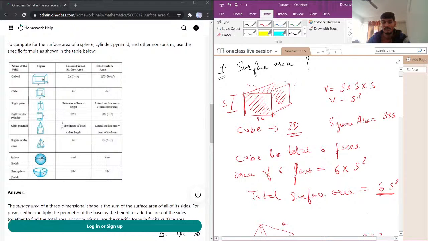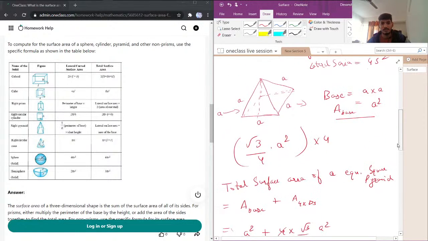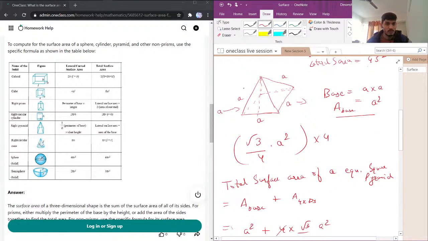For lateral surface area we will not include the top face and the bottom face, so my lateral surface area will be 4s square, because it will include this 1, 2, the back one and this side one, only 4 faces. In a prism also we do not include the base, or in the pyramid we do not include the base.